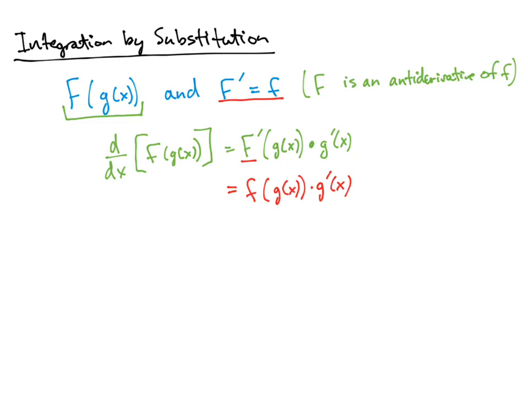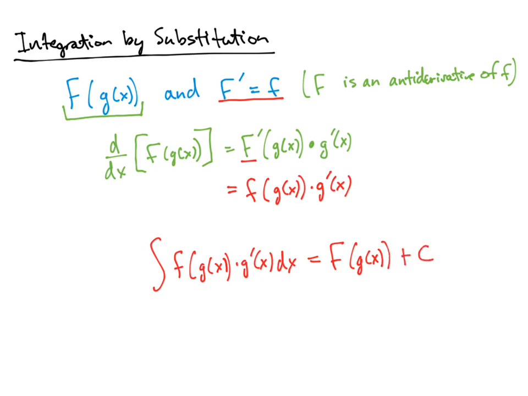Okay, so what this all says is that if we have the integral of lowercase f of g of x times g prime of x dx, that is going to be equal to capital F of g of x plus c.